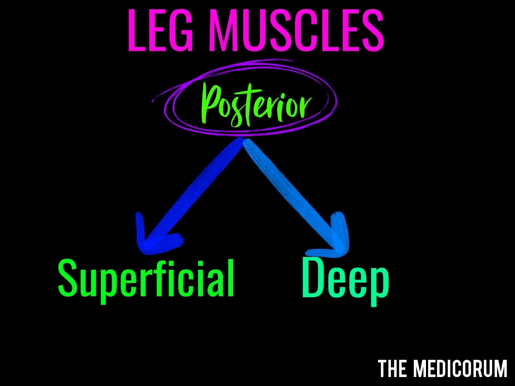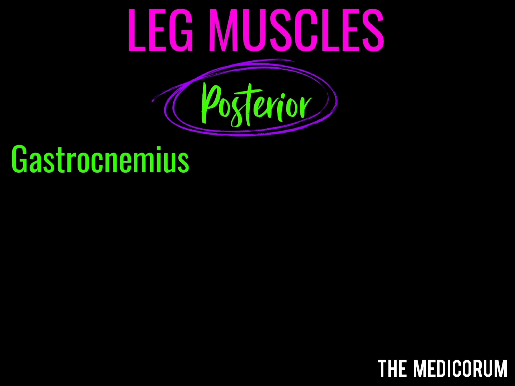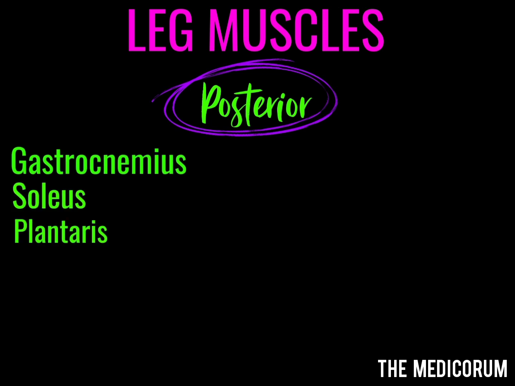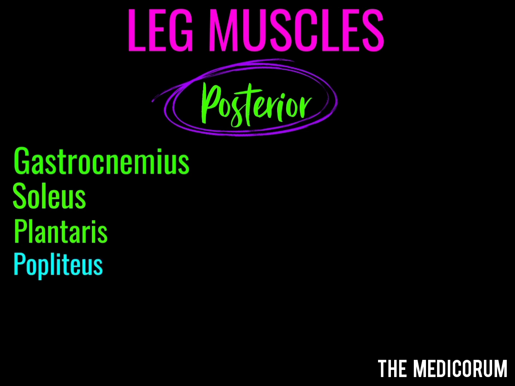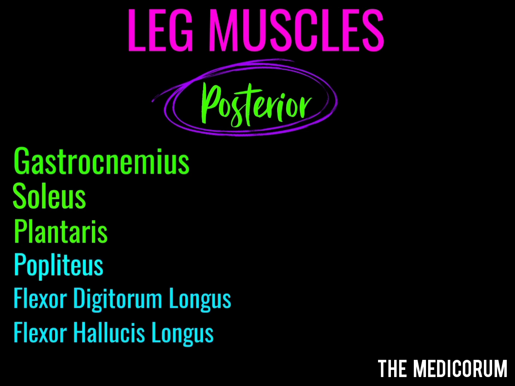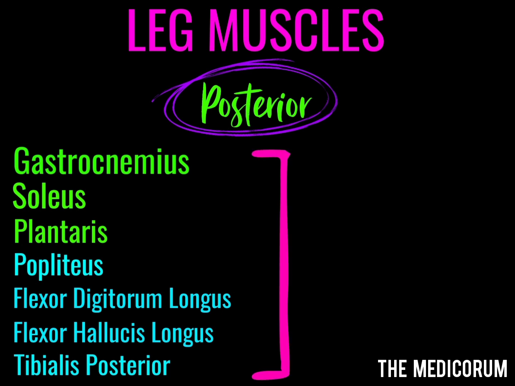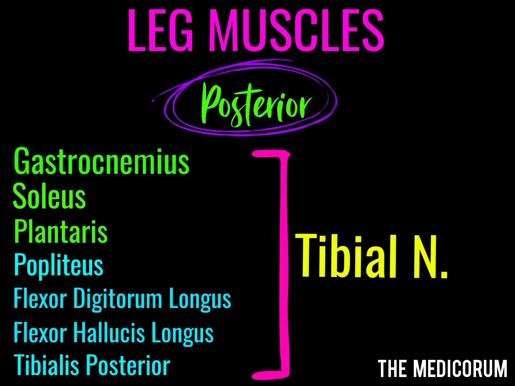The superficial muscles include gastrocnemius, soleus, and plantaris, whereas deep muscles include popliteus, flexor digitorum longus, flexor hallucis longus, and tibialis posterior, whereas tibialis anterior is present on the anterior side of the leg. And all the muscles, that is superficial and deep muscles, on the posterior side of the leg are supplied by tibial nerve.